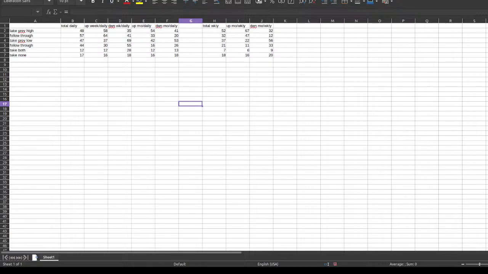This spreadsheet right here shows us the anatomy of an up week, the anatomy of a down week, the anatomy of an up month, and the anatomy of a down month.